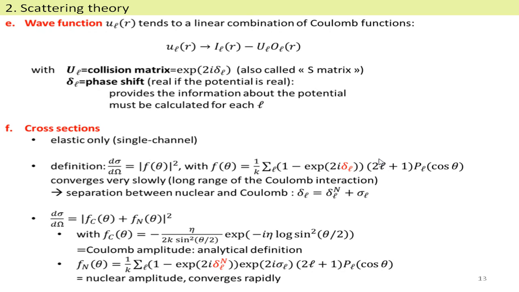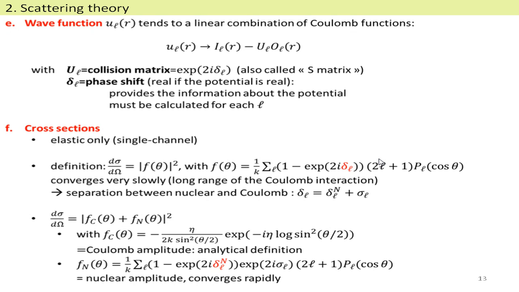So the wave function at large distances tends to a combination of incoming and outgoing functions, where U is called the collision matrix or scattering matrix. And U can be written as exponential of 2i delta, where delta is the phase shift. So this is true for single channel calculations.